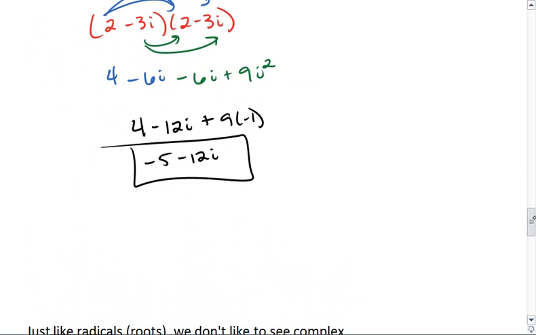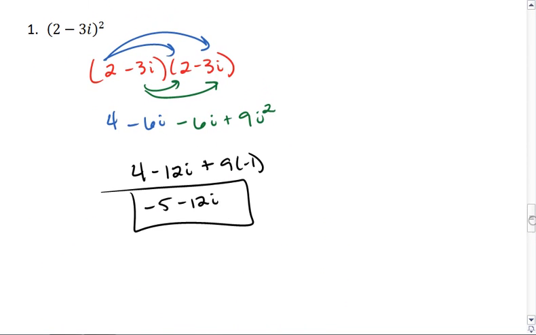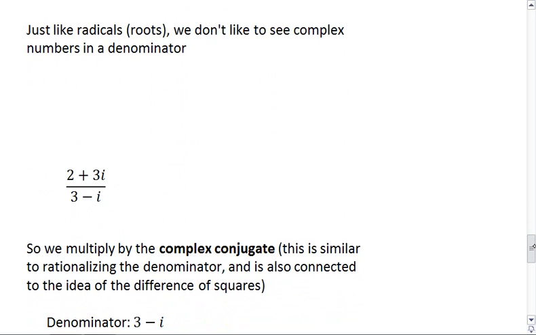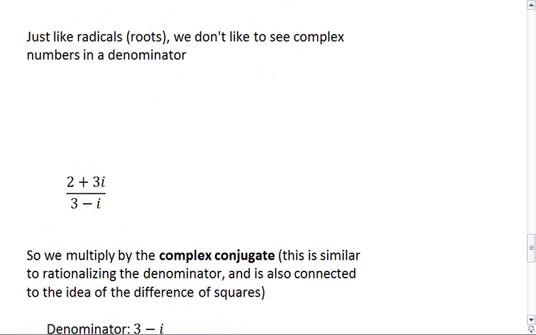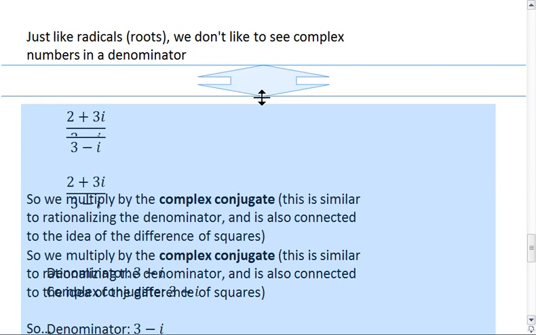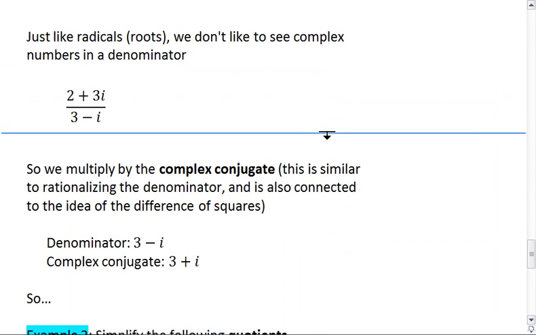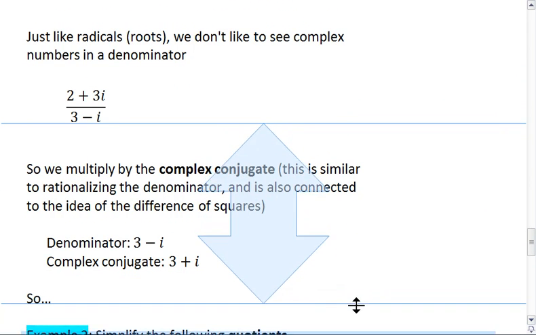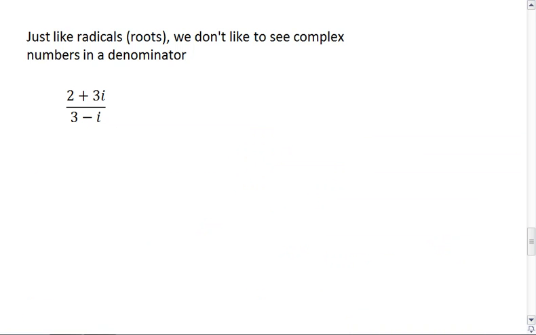Alright, so take a moment, make sure that you do understand how to add and multiply complex numbers. Next, we're looking at division. Now, just like radicals, and we've already looked at those are roots, we already know that we don't like to see a square root in the denominator, and that we can multiply by a conjugate.